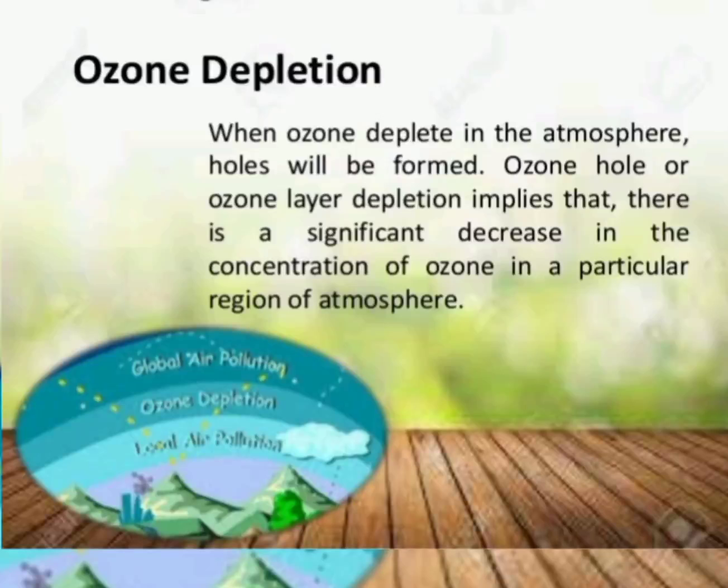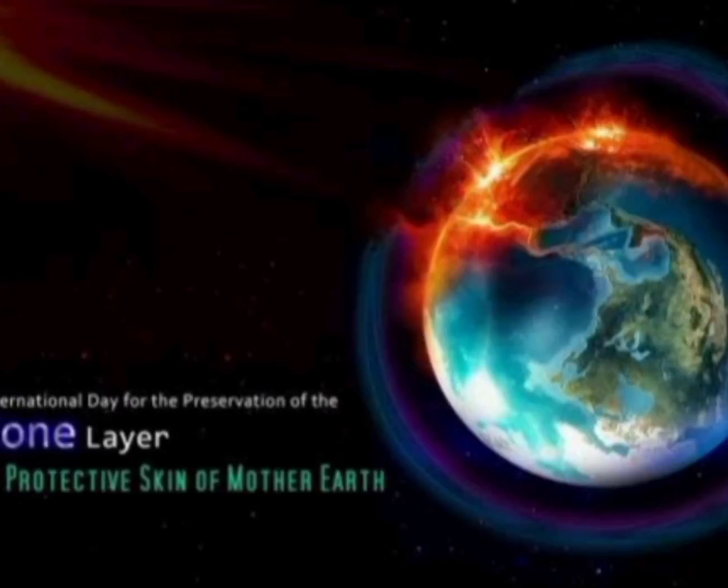Ozone hole or ozone layer depletion implies that there is a significant decrease in the concentration of ozone in a particular region of the atmosphere. It means the O3 molecule rate is decreasing because of reaction with the chlorine gas. Because of these reactions, the ultraviolet light rays enter the troposphere having more energy, without filtration by the ozone layer.